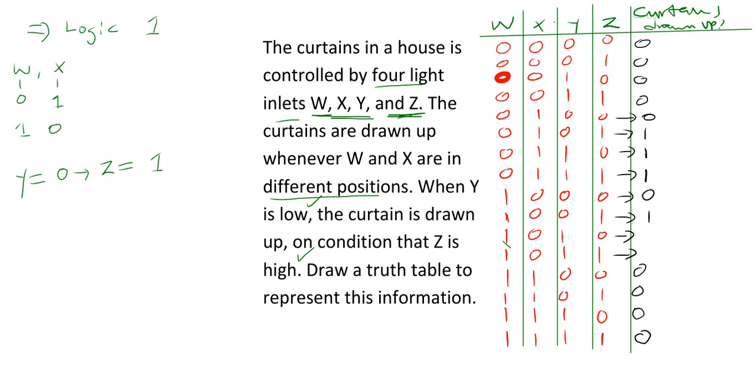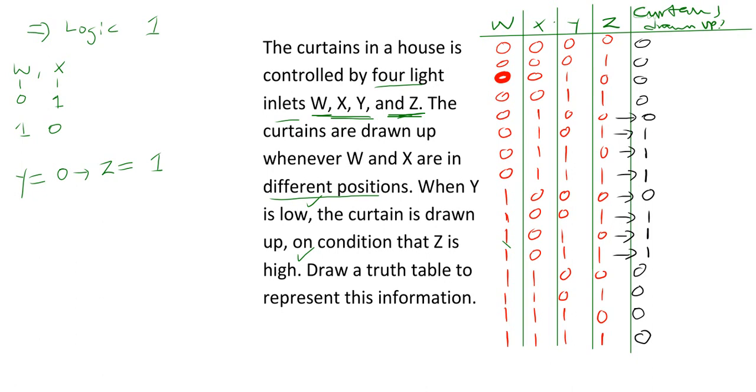Next, we shall have a 1 because we don't have a condition restricting the curtains from being drawn when Y is 1 and Z is 0. And lastly, we have a 1 because here Z and Y are at 1, and we don't have a condition for that, but X and W are meeting our conditions.